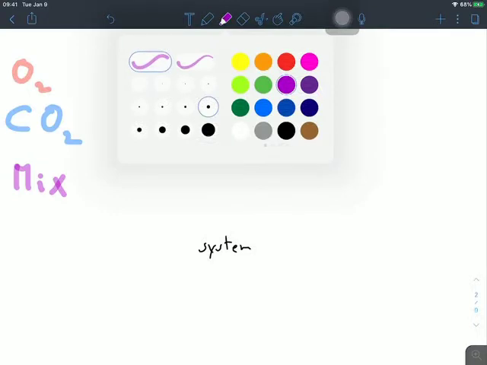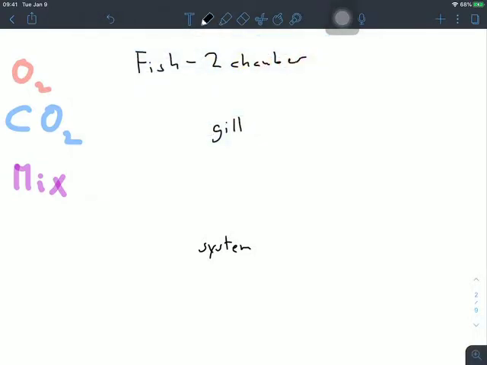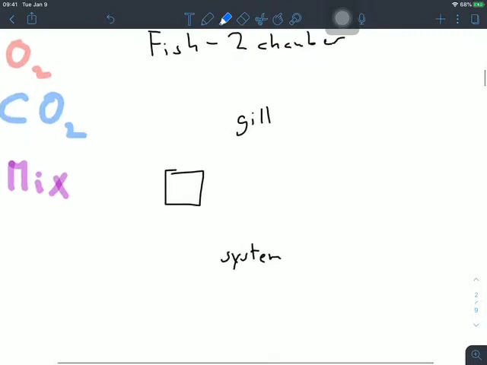And now our heart is actually located centrally to the fish, but not to the left side as we draw here. But we're going to, again, for the purposes of this cartoon, show this. The heart will always be some sort of box in this drawing, and it's got its two chambers.